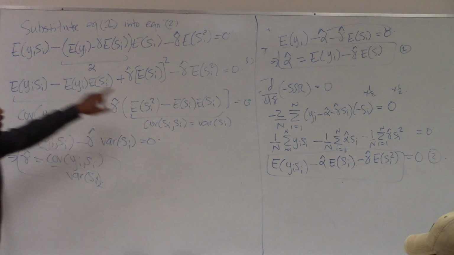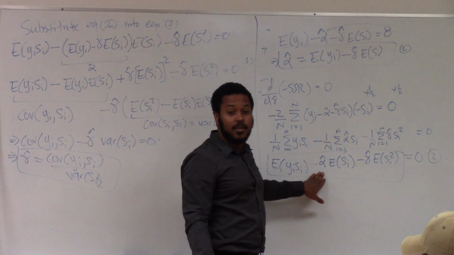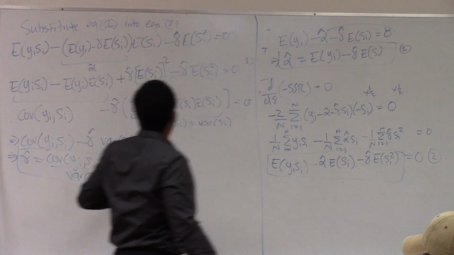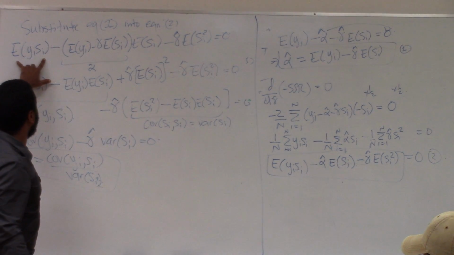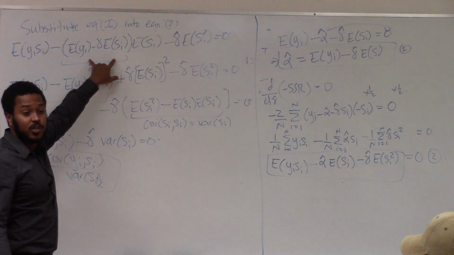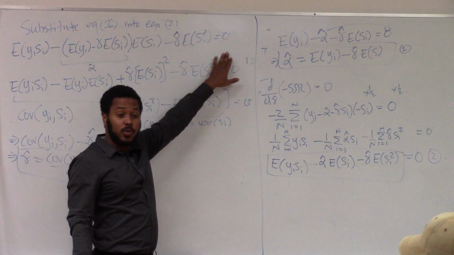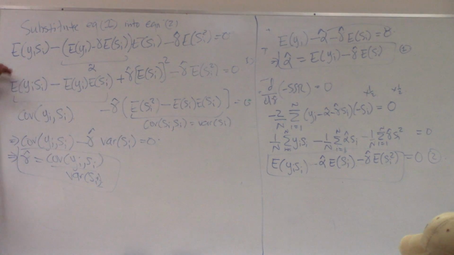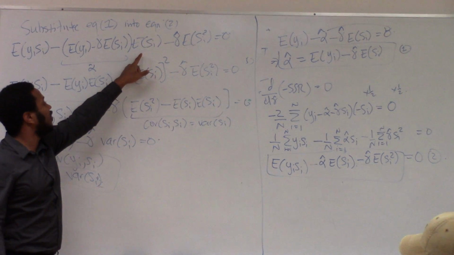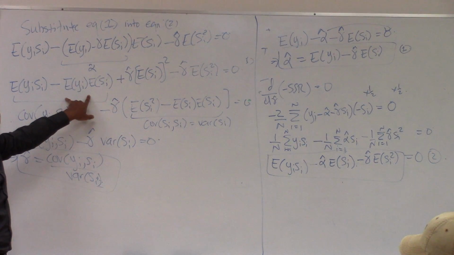What we did was we took equation 1 and substituted it into equation 2 for alpha hat. Once we substituted in for alpha hat, we have the expectation of y minus si, where we saw alpha hat, we put in the expression from equation 1, and this is equal to 0. When we go down to this line, we multiply everything out until we get the expected value of si times the expected value of y, which gives us this term here.